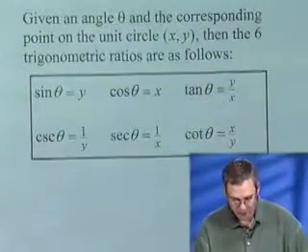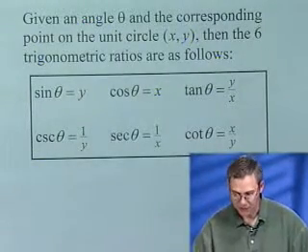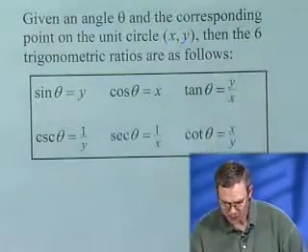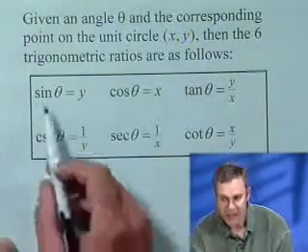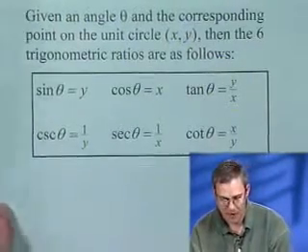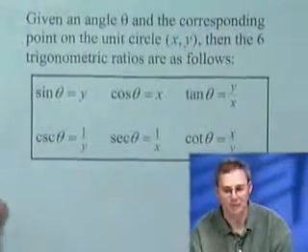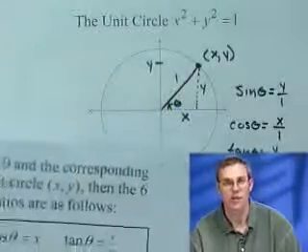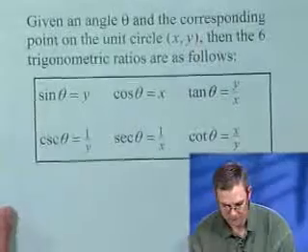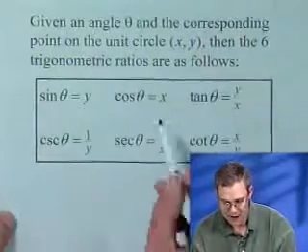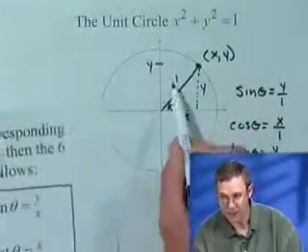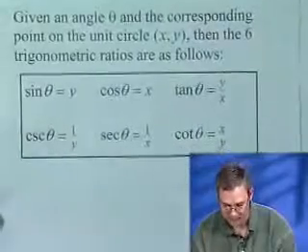Given an angle theta on the unit circle, the 6 trigonometric ratios are as follows. Sine is just opposite over hypotenuse. Remember the hypotenuse is 1, so y over 1 is just y. Cosine of theta is adjacent over hypotenuse, so x over 1, which is just x.